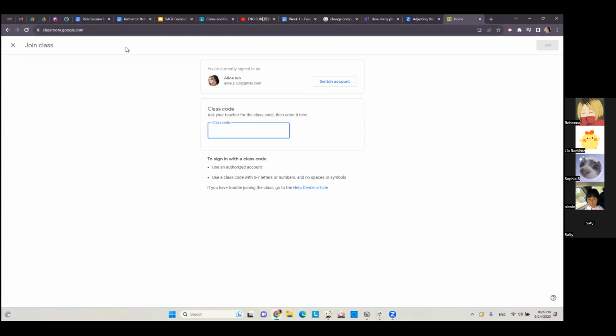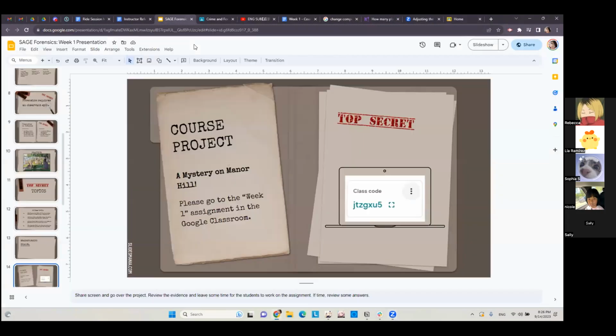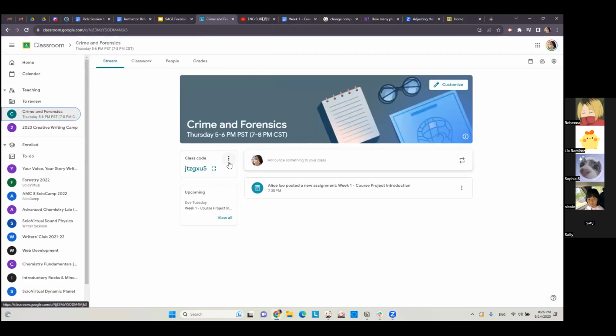And then the class code is JTZGX U5. Let me copy that over. Okay, it is in the chat right now. So if you haven't joined yet, please join the Google Classroom because I am posting all the materials there.